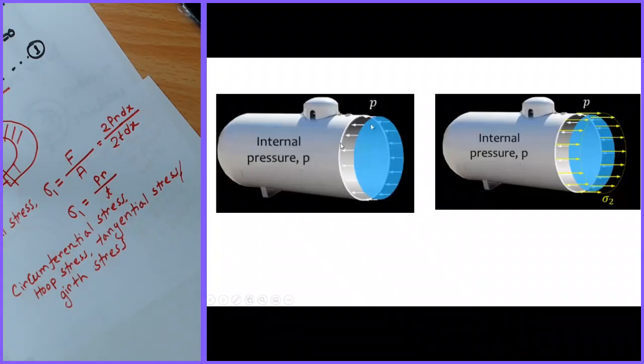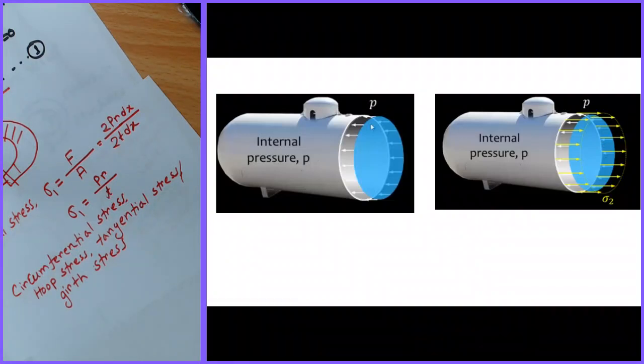You see the white arrows are the pressure, and because of this pressure there is a reaction stress that comes out from this strip of the cylinder.